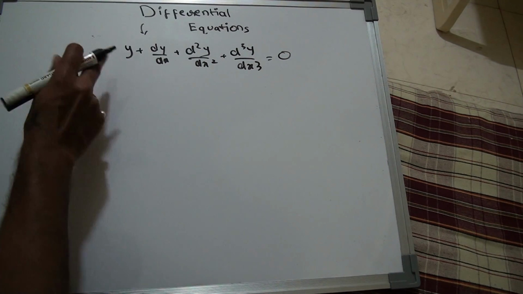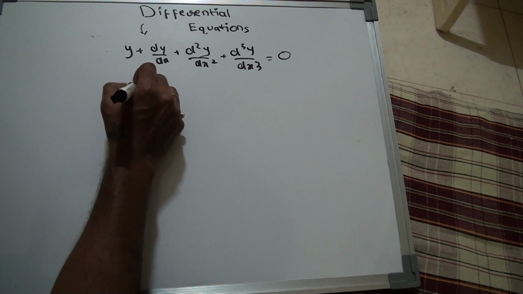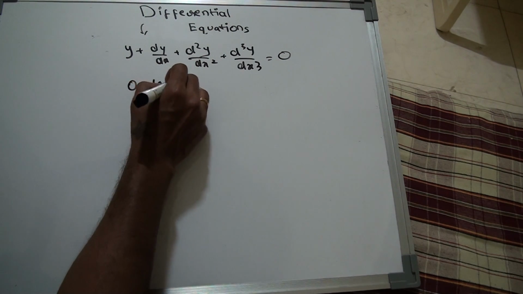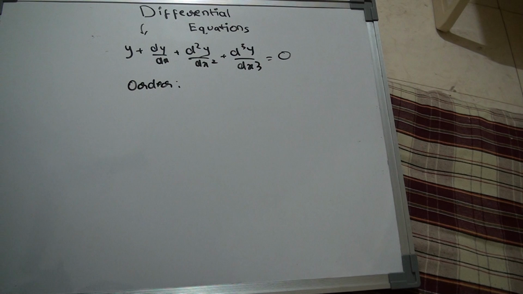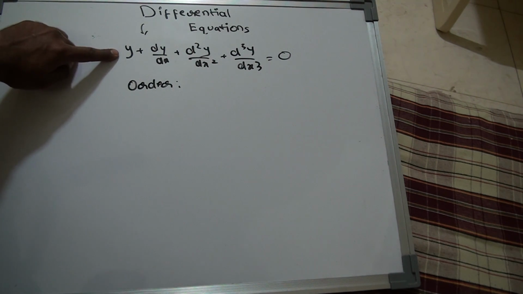Now see, for this given equation, let's try to find out what the order is. What is the order in this particular equation? The highest number of times the derivative is taken. Over here, how many times is the derivative taken? 0.